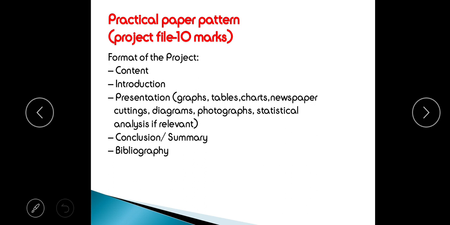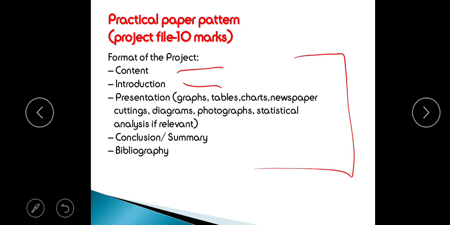Next is the project file. This should be the pattern of the project file. Each of these points is going to have some marks allotted to it. Say this is 1, this is 1, this is 1, and this is 1, and the rest 6 marks over here. Now here, more use of handmade diagrams and nice case studies fetches quite a lot of marks if you put a lot of your personal touch in it, which is going to be quite impressive for the external examiner.